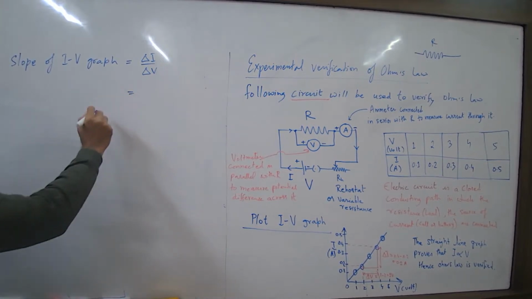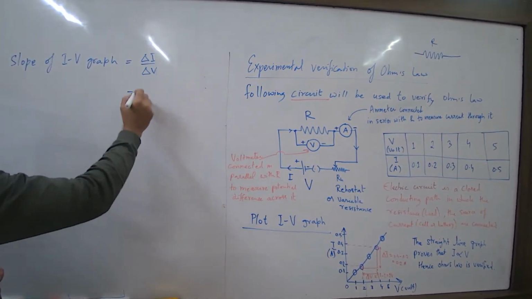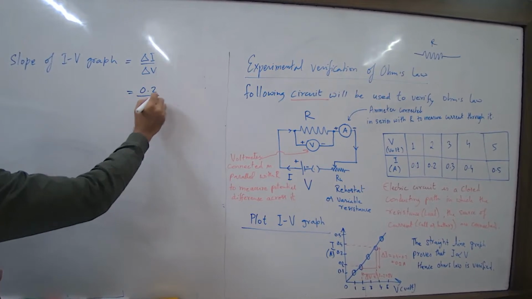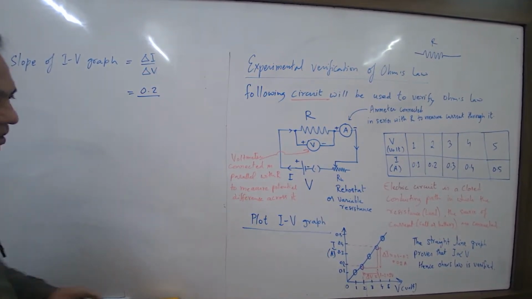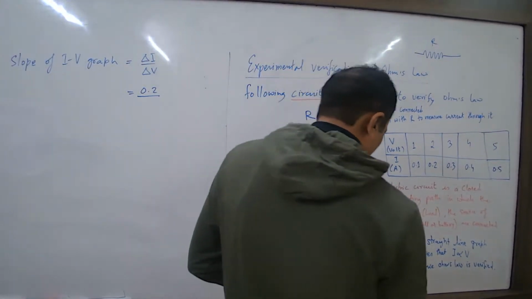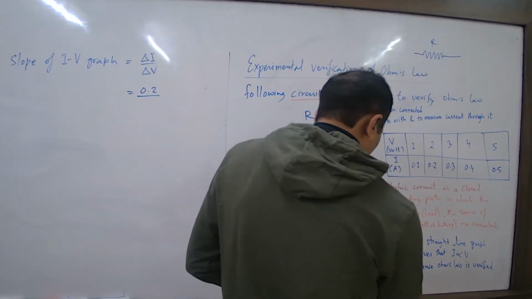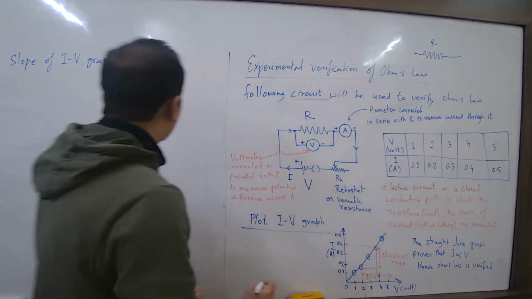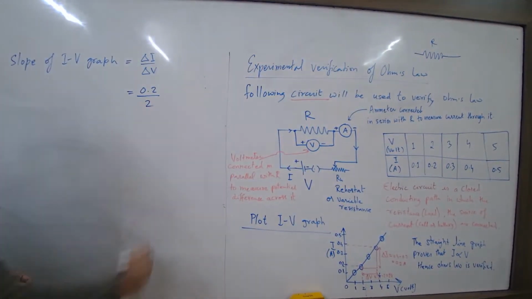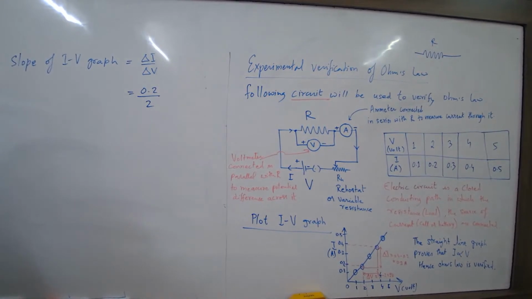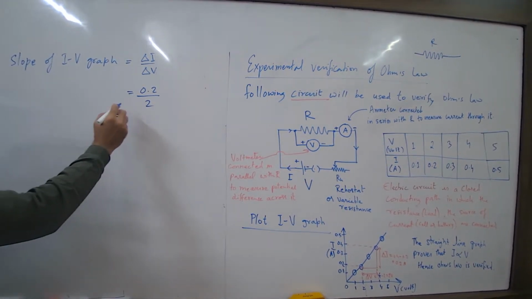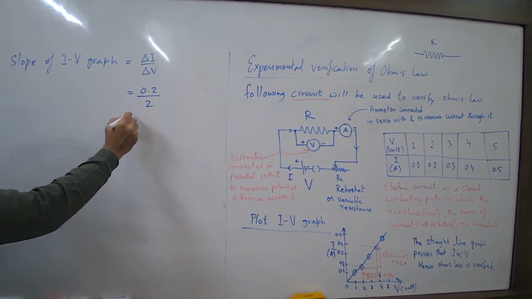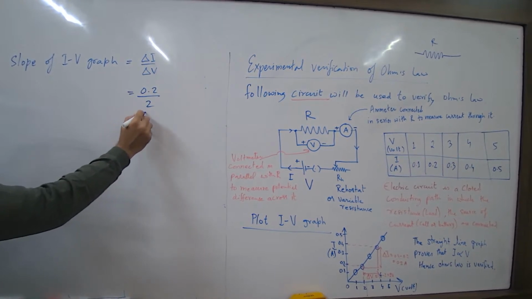Which is equal to how much? For this case, it is 0.2 upon 4 minus 2. You know how to calculate slope, right? So how much is this? So this is like 1 by 10, right? 1 by 10.